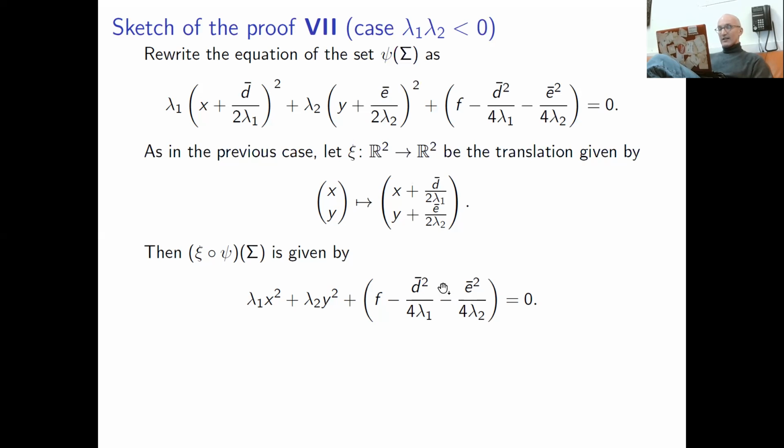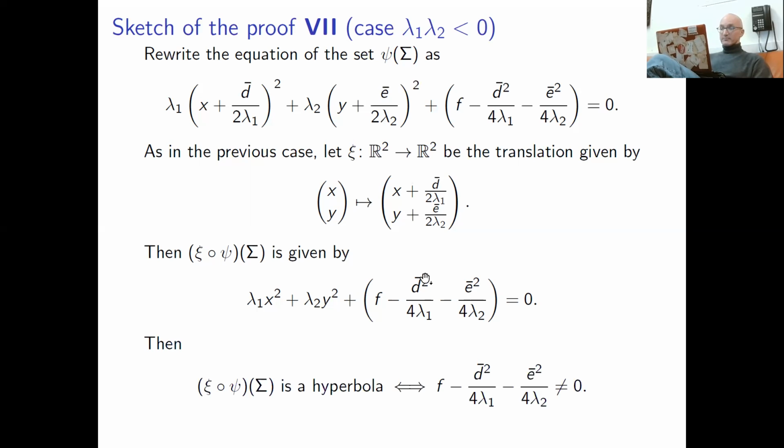The only bad case here is if this constant term is 0. Then this equation splits as a product of two polynomial equations of degree 1. And this is nothing but the union of two lines, which we consider a degenerate case. But if this number is non-zero, then this is always a hyperbola. Okay, always a hyperbola. Good, everything is done.